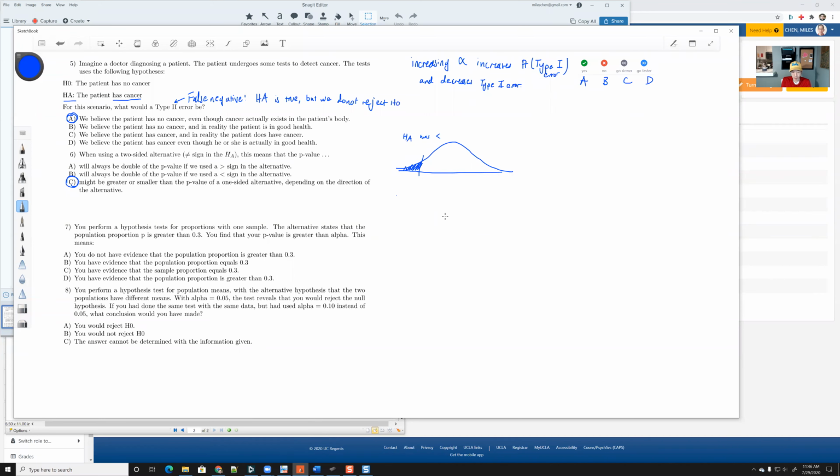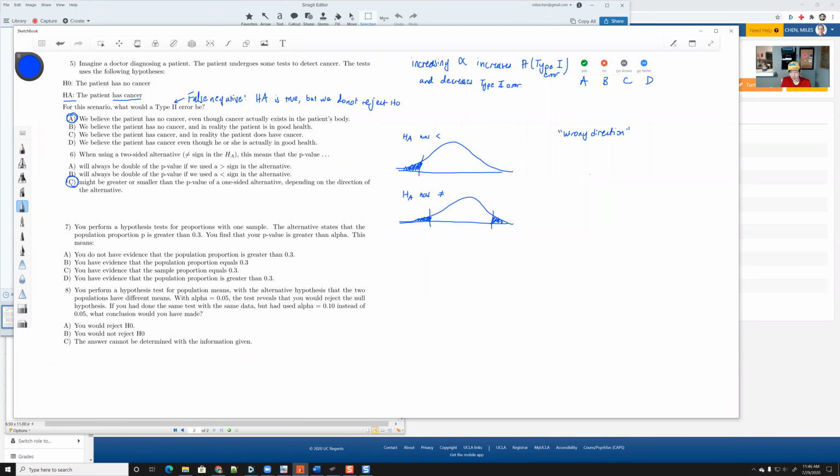If the alternative has a not equal sign, it will look like it's double. So a lot of times it is double, but it's also possible that you could have the quote unquote wrong direction.